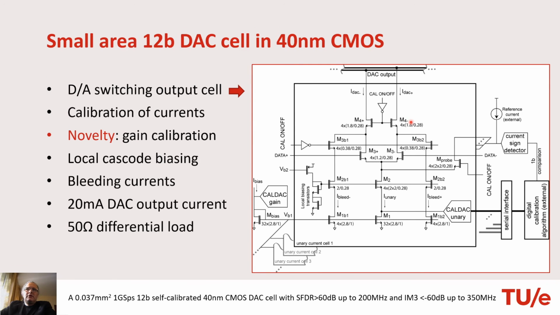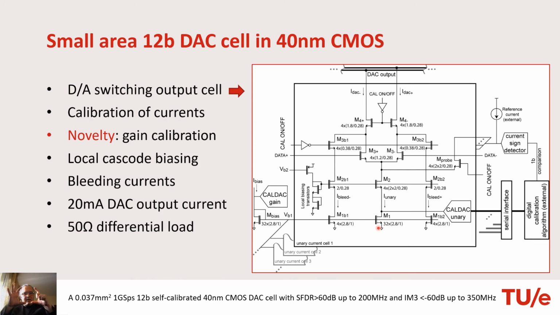Other things which are interesting for this architecture: the main novelty here is that we have one phase in the calibration algorithm in which we first calibrate for the gain mismatch of the DAC cell. In this way, we relax the requirements for the full scale range of the calibrating DACs per current source. We have multiple parallel D2A converters, and the first thing that we do is calibrate the gain error.